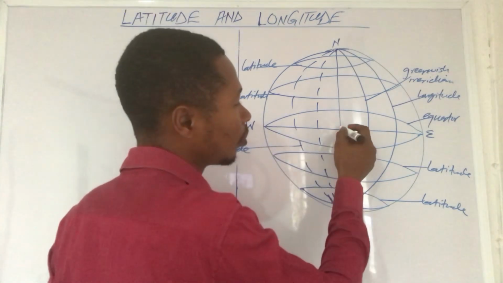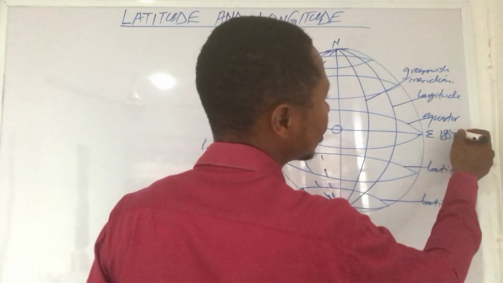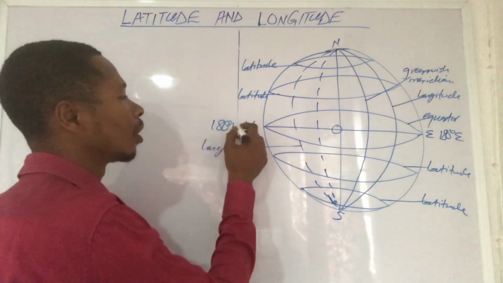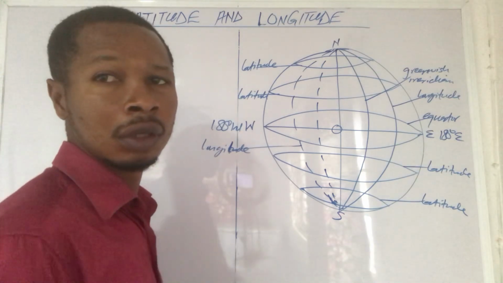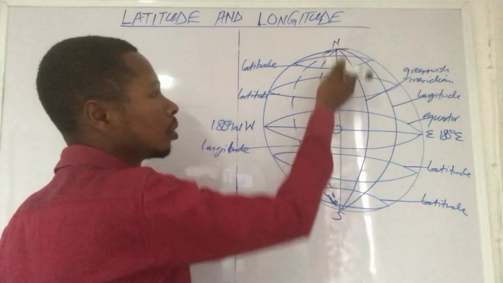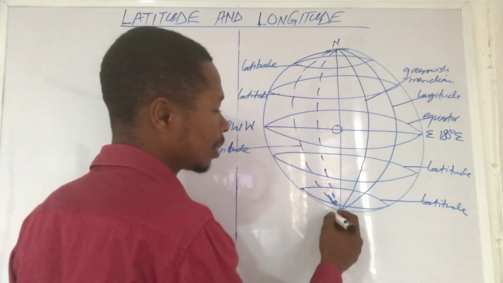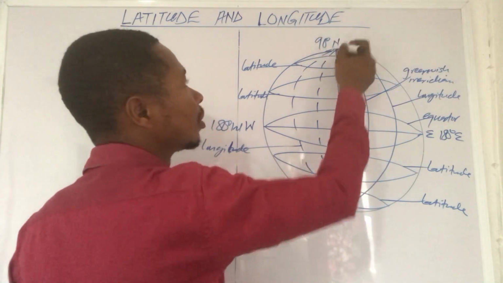And your lines of longitude are measured from a 0 degree center to 180 degrees east and 180 degrees west. While the lines of latitude are measured from 0 degrees to 90 degrees south and 90 degrees north.